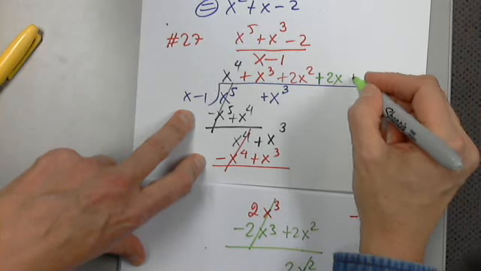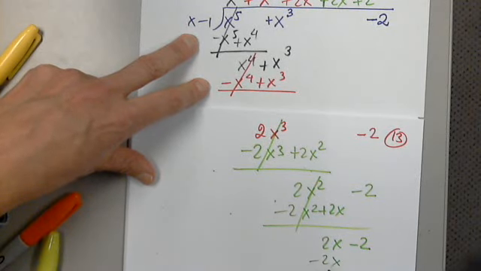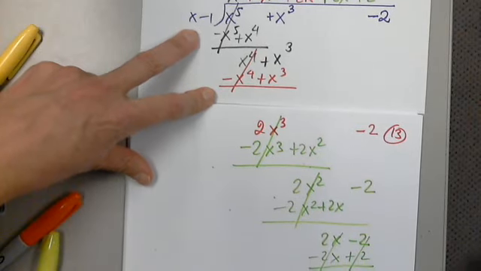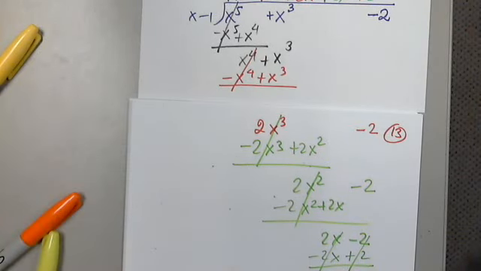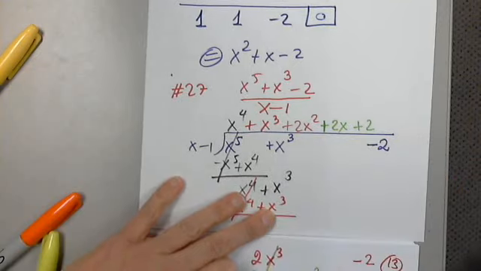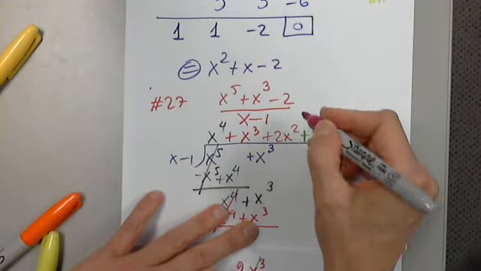Good. 2 times x is 2x, I subtract. And 2 times negative 1 is negative 2, and I subtract. Way too long, but I couldn't find anything else. So the answer is all this. About the remainder, what can you say about the remainder? 0. Okay.